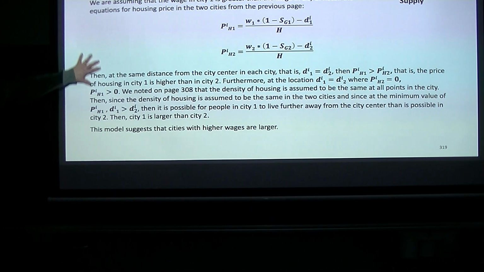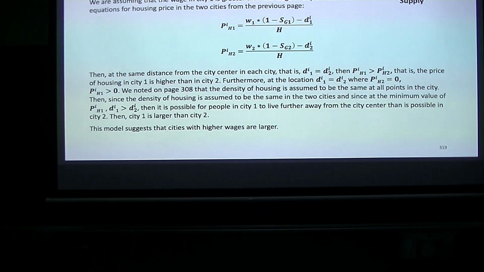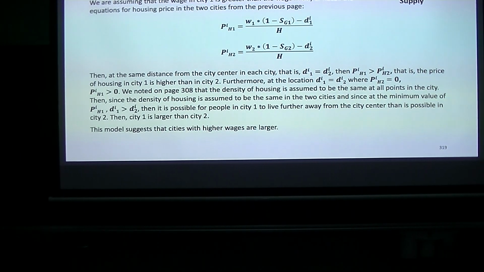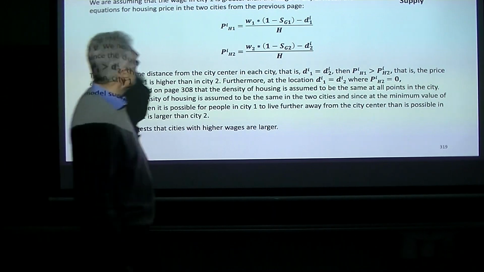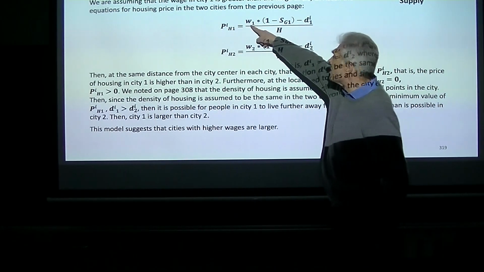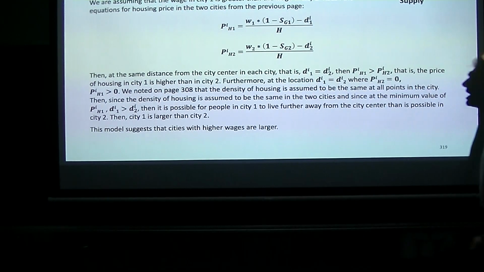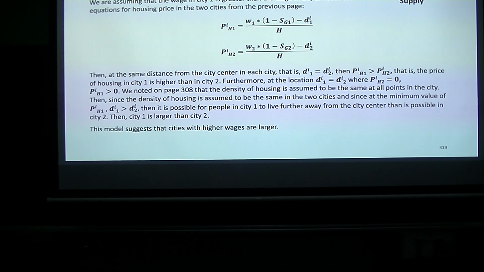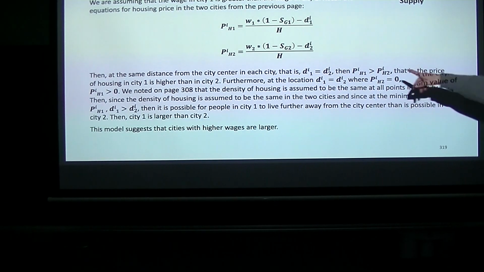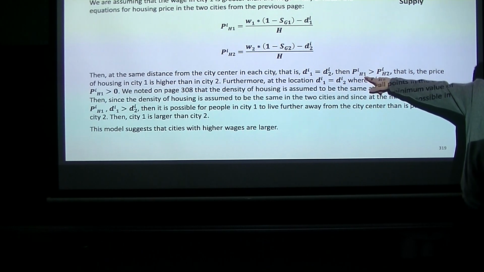And as I go through this, I point out that you can see in city 1, because the wage is higher, everything else equal, at the same distance from the city center in each city, the price of housing is higher in the city with higher wages.